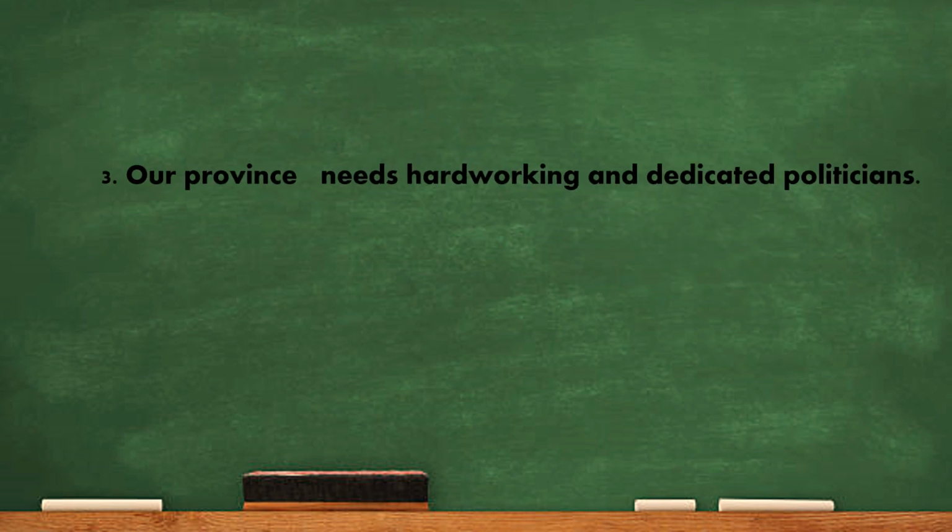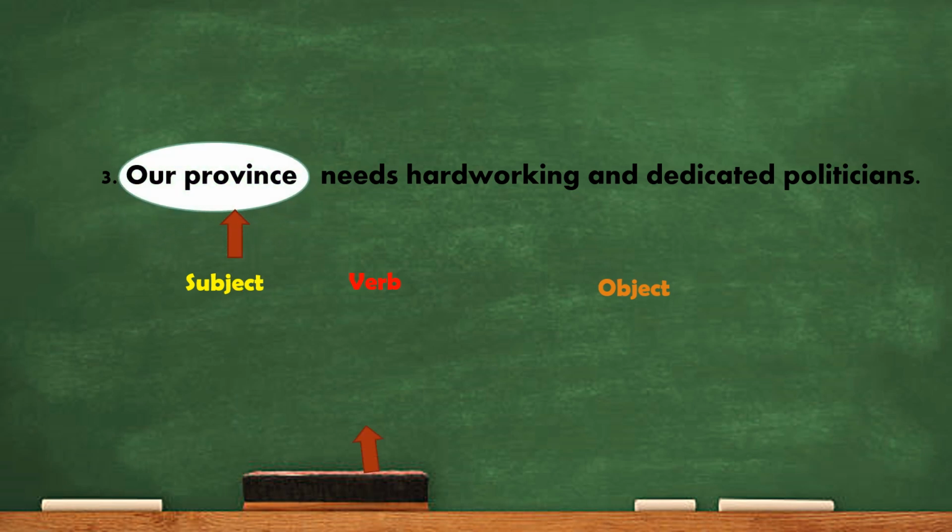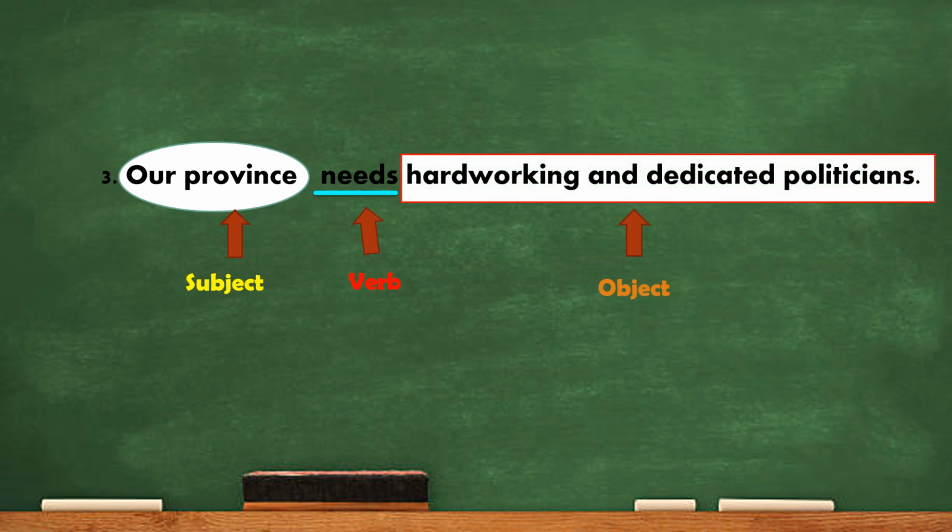For our last example, our province needs hardworking and dedicated politicians. Can you identify the subject, the verb, and the object of the sentence? Excellent! The subject of the sentence is our province because province performs the verb needs, and the object of the sentence is hardworking and dedicated politicians because hardworking and dedicated politicians receive the action.